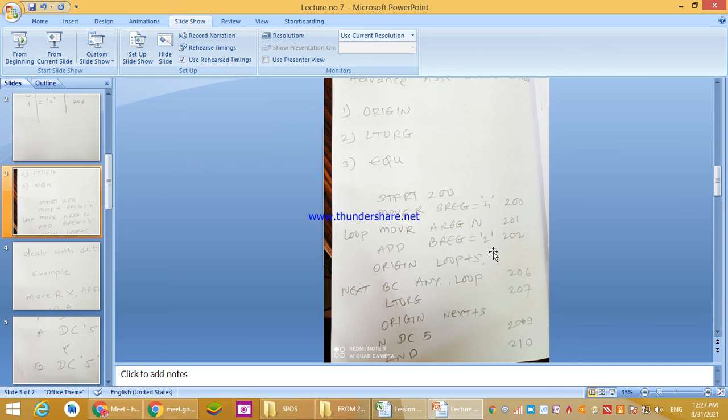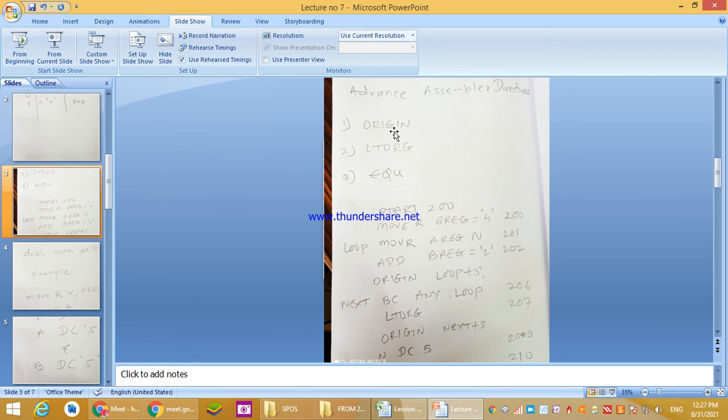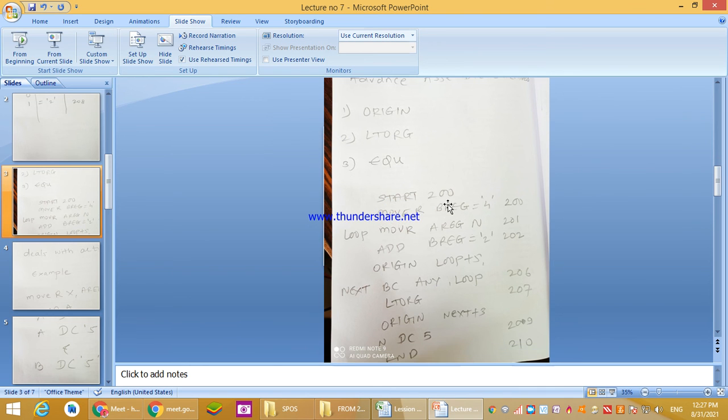Oh sir, it is not showing any output. We are talking about advanced assembler directives, origin. We have to understand origin, that's why I have taken this example. Add breg is equal to, in single inverted, 2, and it is stored at location 202. Then next, origin loop plus 5.